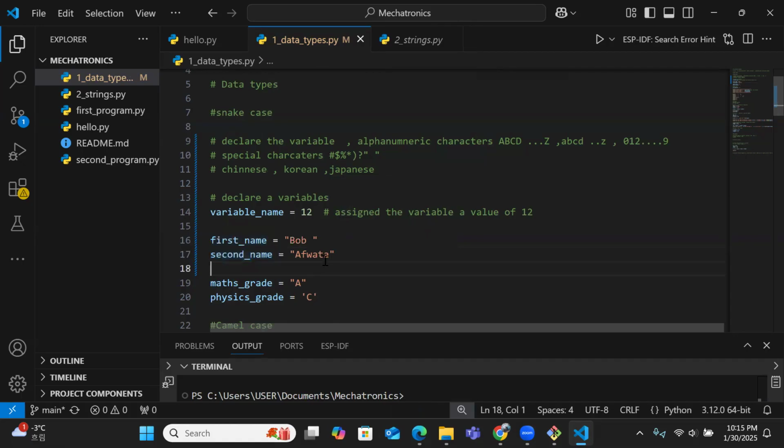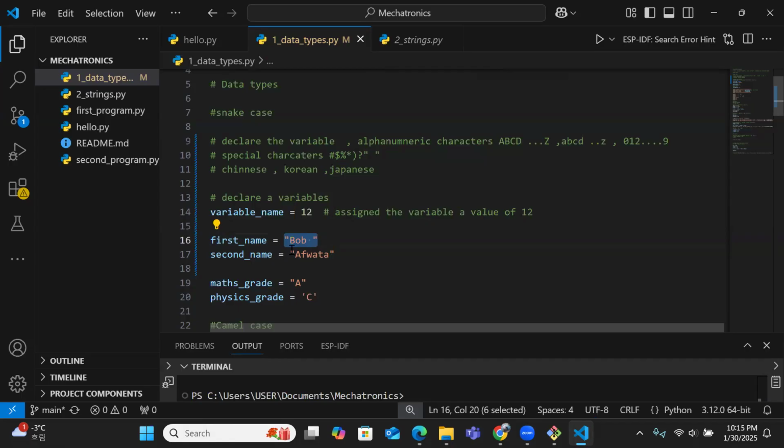Are you together up to there? Yes. And by putting is equal to Bob, is equal to Afuata, you have assigned that variable a value. You have given the first name a value which is Bob. Okay? So every time I use the term first name, it will refer to Bob.